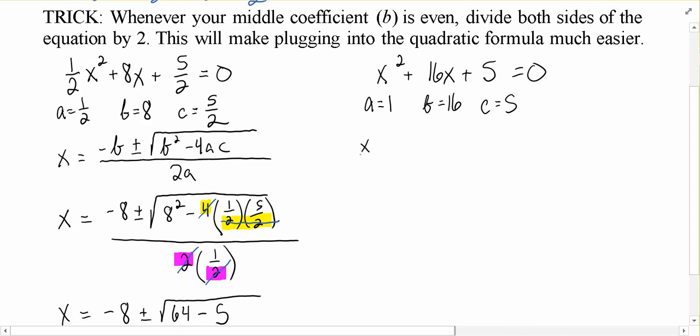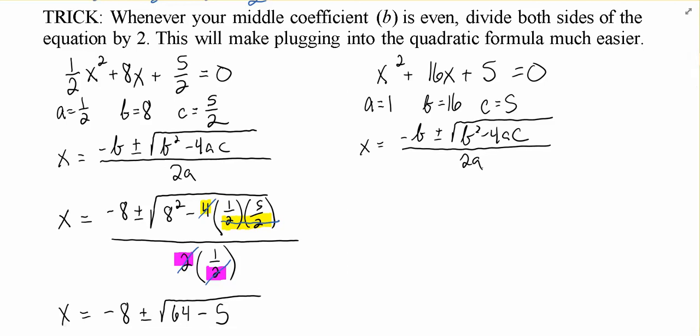I would still be plugging into the opposite of b plus or minus the square root of b squared minus 4ac all over 2a. Now my suggestion to you, back to the fact that you need to memorize that, write it every problem. And try to write it from memory, but write it every problem.